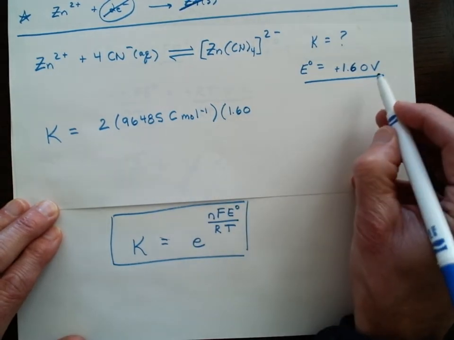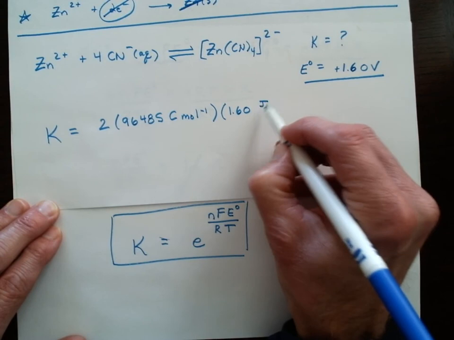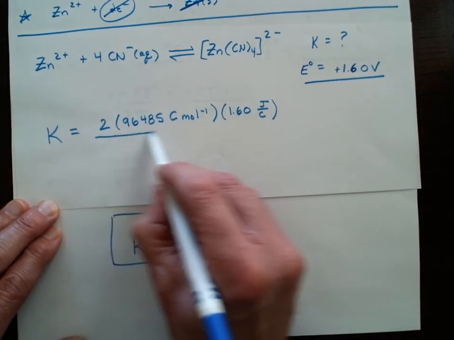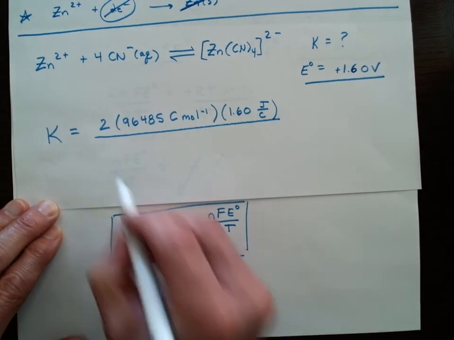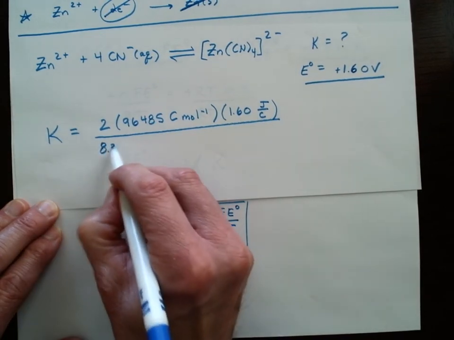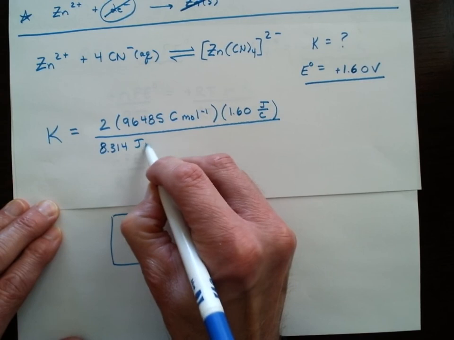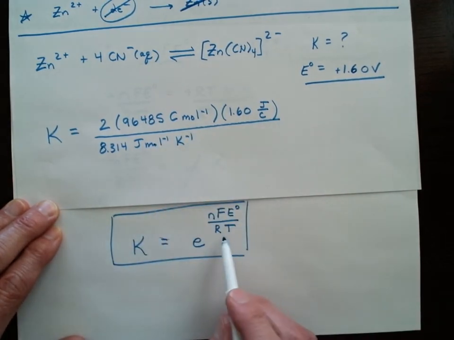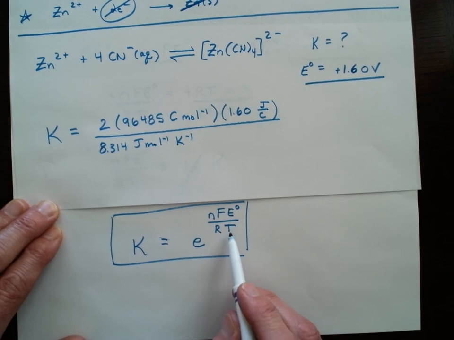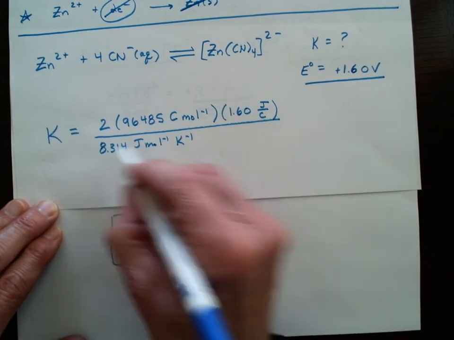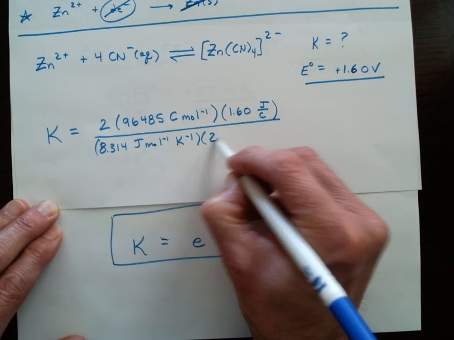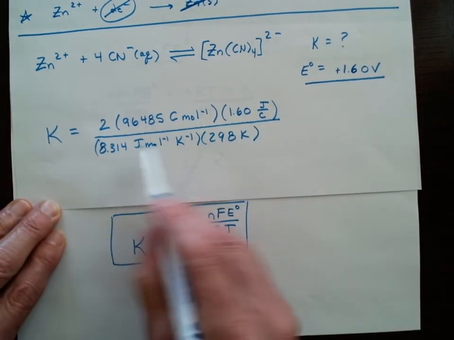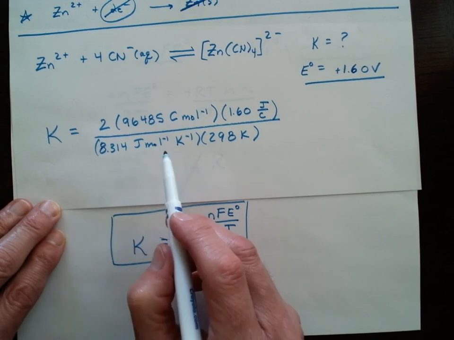I'm going to write the volt as a joule per coulomb. It's the same thing as a volt. I'll divide this by the physics gas constant, 8.314 joules per mole per Kelvin. And then I need to multiply that by the temperature. Since we're doing standard conditions, we'll just do 298 Kelvin. Equilibrium constants are unitless, so all these units better cancel out.